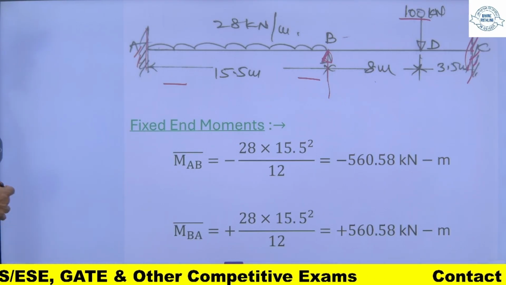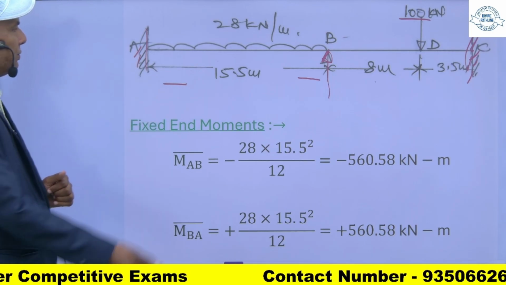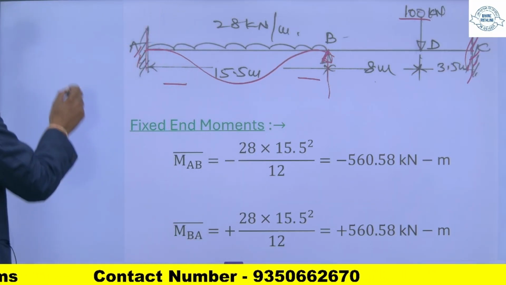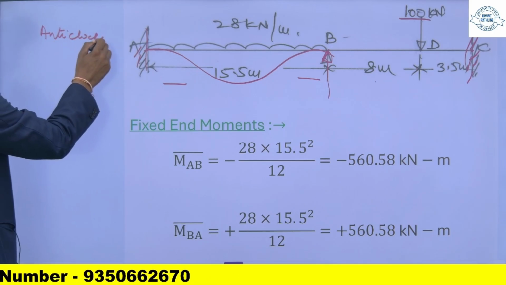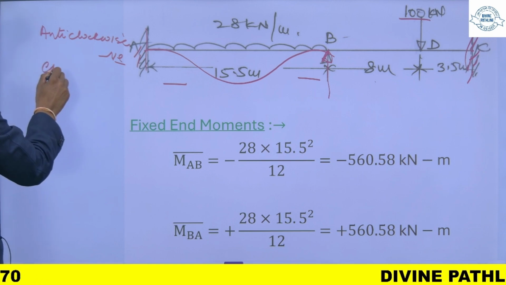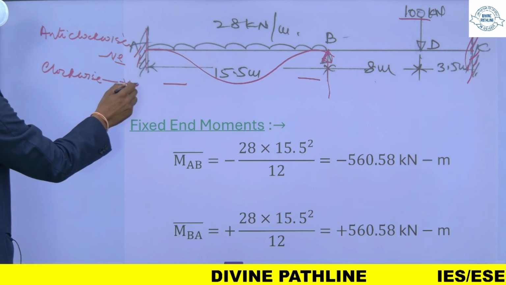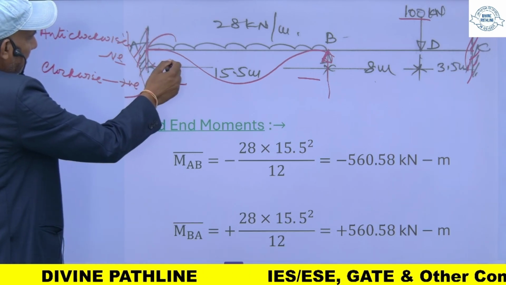Similarly, for this portion, if you see this UDL, it will deflect like this. So anti-clockwise moment is negative, clockwise moment is positive. This is my sign convention for moment distribution. So this is anti-clockwise, so this will be negative.